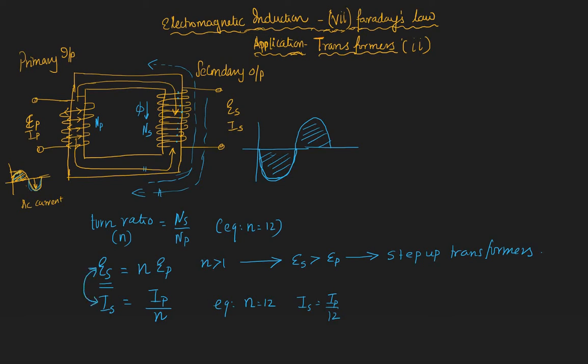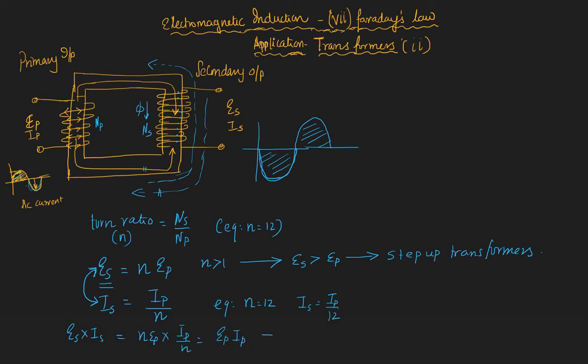In this case, if you multiply ES by IS, that will be equal to N EP into IP by N, which is equal to EP IP.